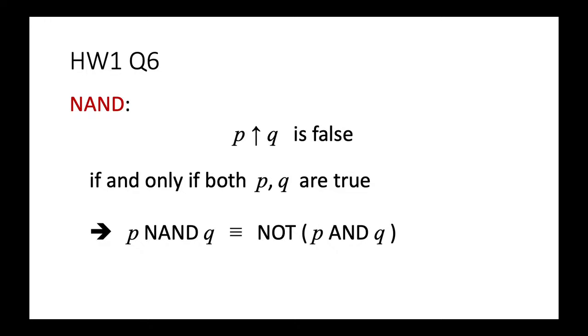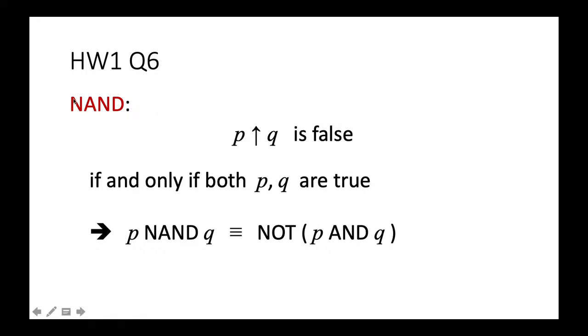So in that sense, P NAND Q is equivalent to not (P and Q). We obtain the value of P and Q, and then we make a negation, and we get P NAND Q. That's why we call it NAND. The first part, N, means not. The last part means AND. So NAND is not AND.